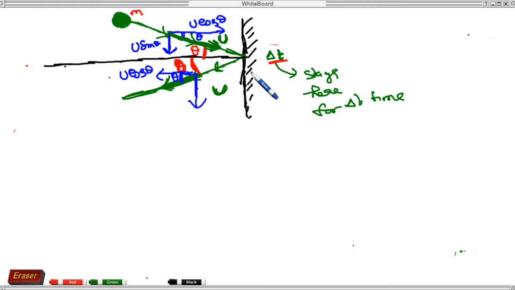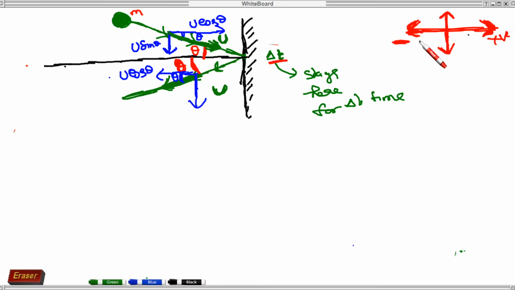I told you about the sign convention: this direction we are considering positive, this direction negative, this direction positive, this direction negative.